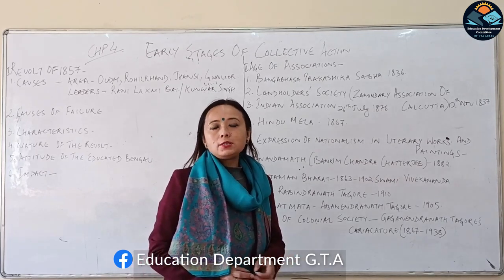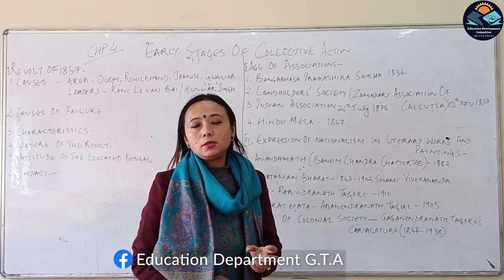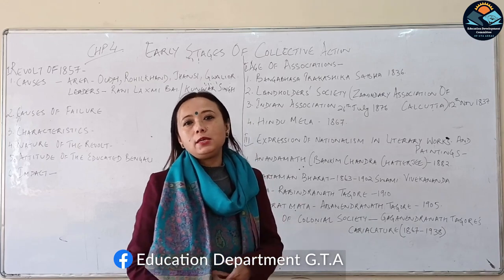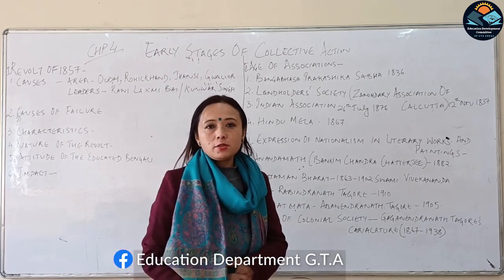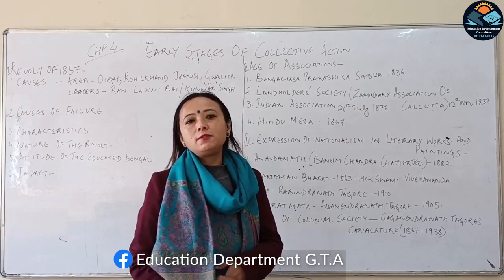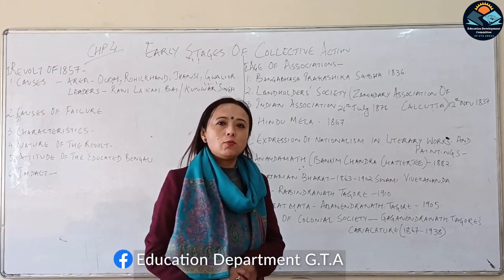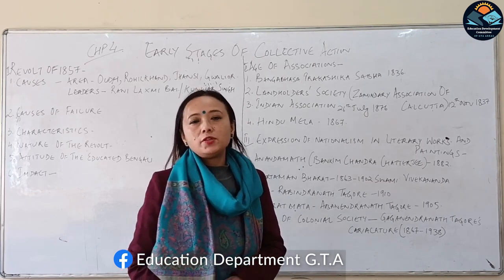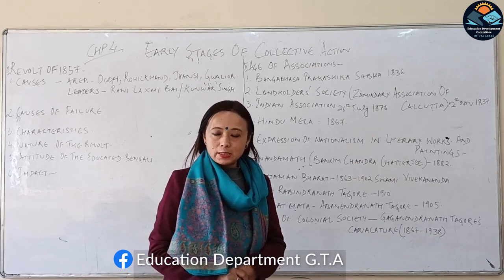But all these revolts were local in nature, so it became easy for the Britishers to suppress them. But the revolt of 1857 was a mighty, big one, and it became very difficult for the Britishers to suppress it.